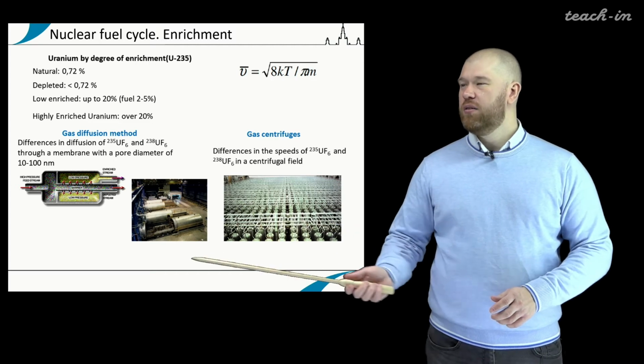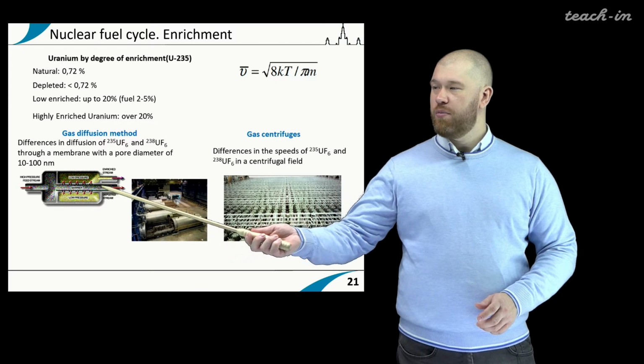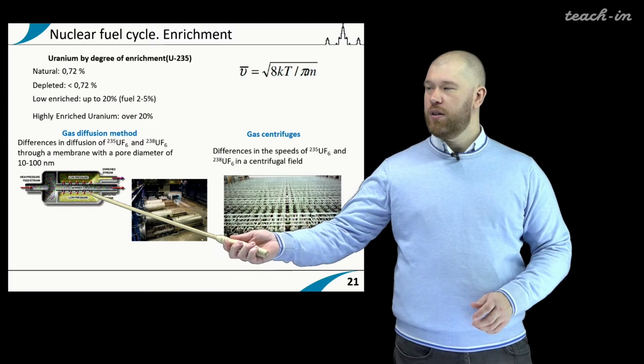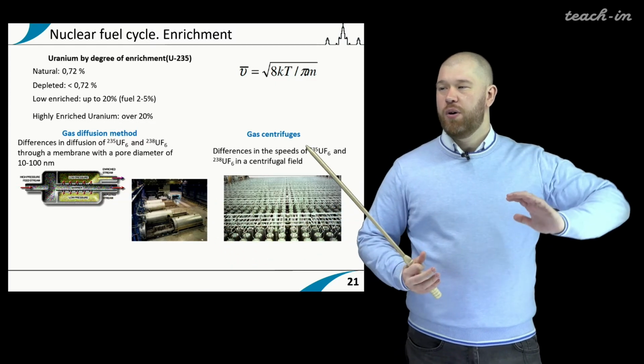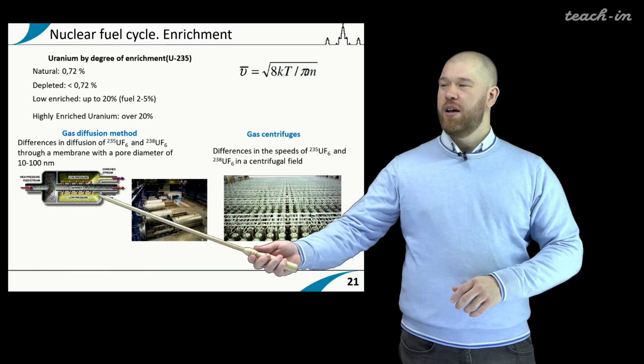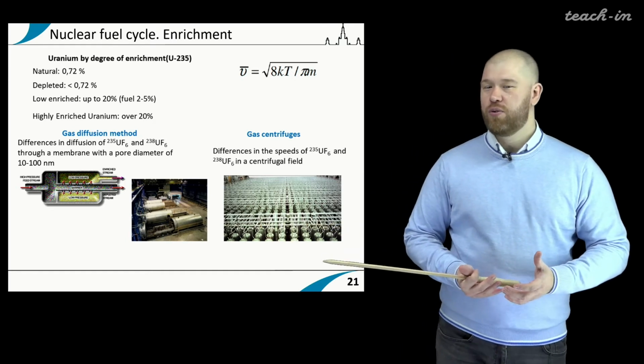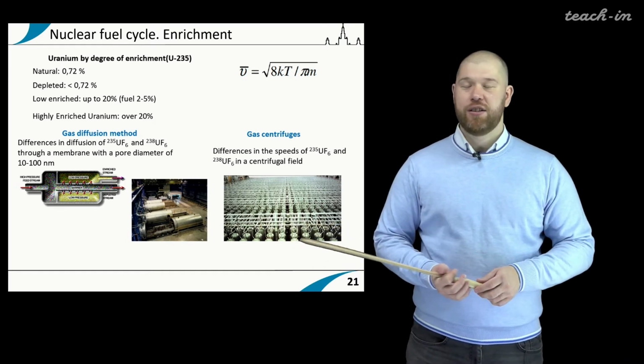So gas diffusion, the principle is that we have, let's say, a barrel or tank with a porous membrane in the middle. We press the gas through this membrane, and the smaller molecules, of course, penetrate easily.